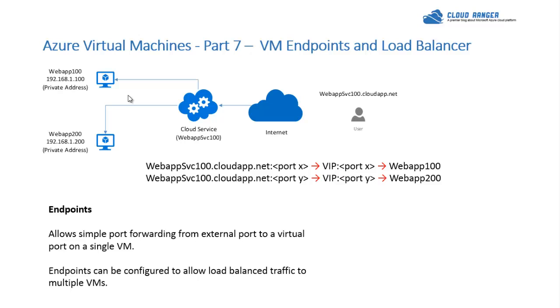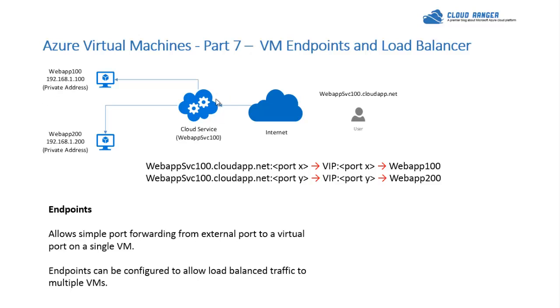Now, the way we can define these port numbers, or how it will go to them, is by defining something called endpoints. Endpoints are basically simple port forwarding, from an external port to a virtual port on a single VM.